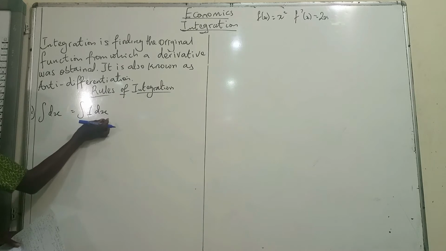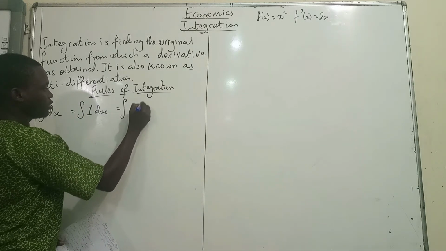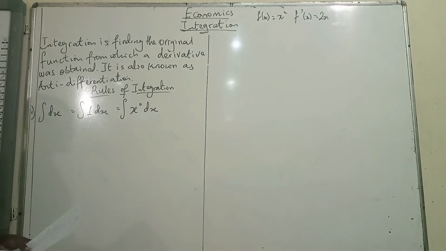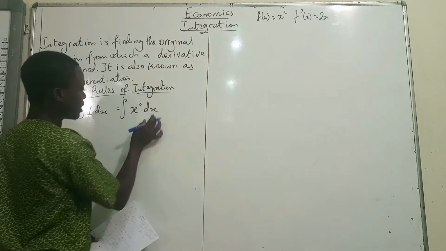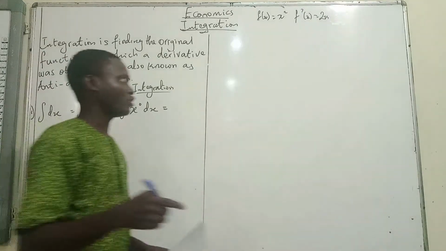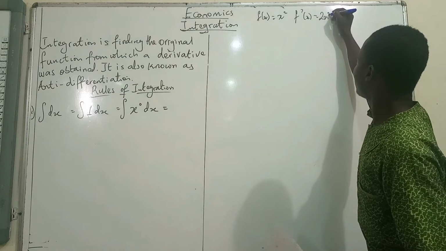Expressing this in terms of x is the same thing as integral x raised to power 0 dx. Of course, by now you should already know that anything raised to power 0 is equal to 1. When we're doing differentiation, for example, this is 2x to the power 2 minus 1.